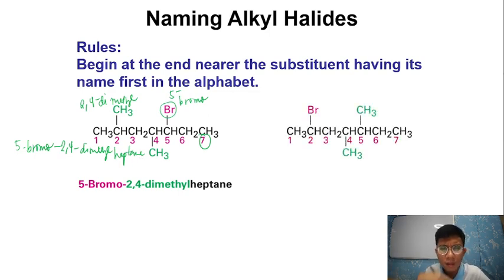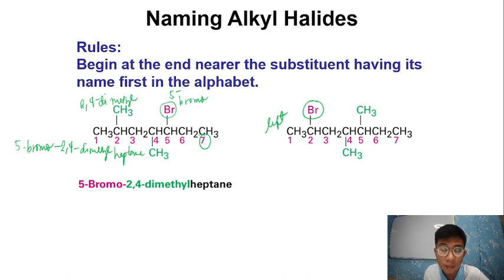Ganun din. Heptane din siya. 7 kasi siya. Tapos, meron ka ulit substituent na Br. So mag-start ka sa left. So you have a bromine na encountered first when you go from left to right. So you have again bromo in carbon number 2, and then you have a methyl group, dalawa.